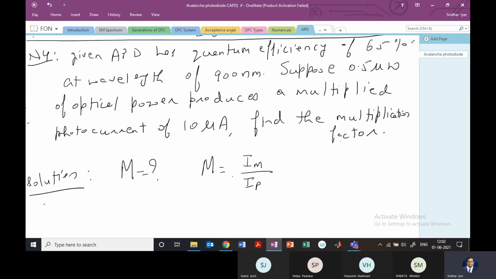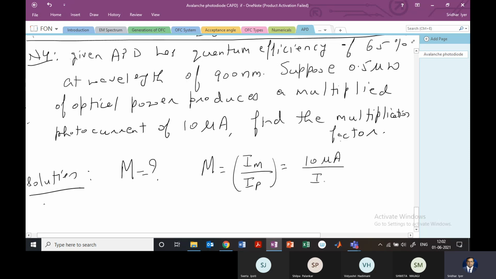What we are given is the quantum efficiency, the wavelength, and 0.5 microwatt optical power, and it produces a multiplied photocurrent of 10 microampere. That means in this ratio IM by IP, we are given IM, which is 10 microampere.